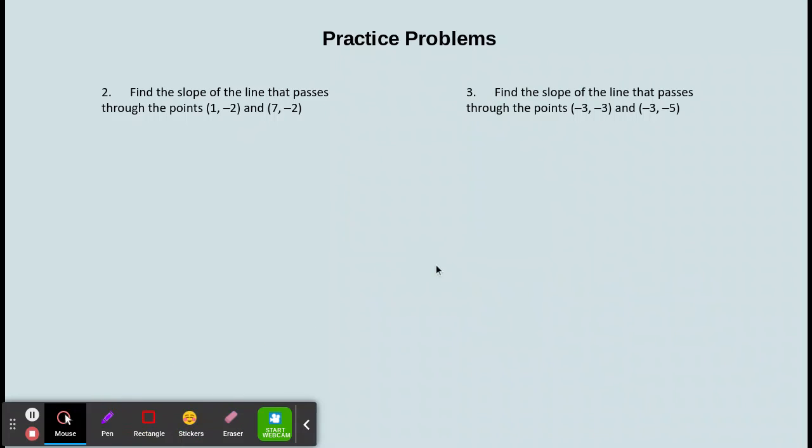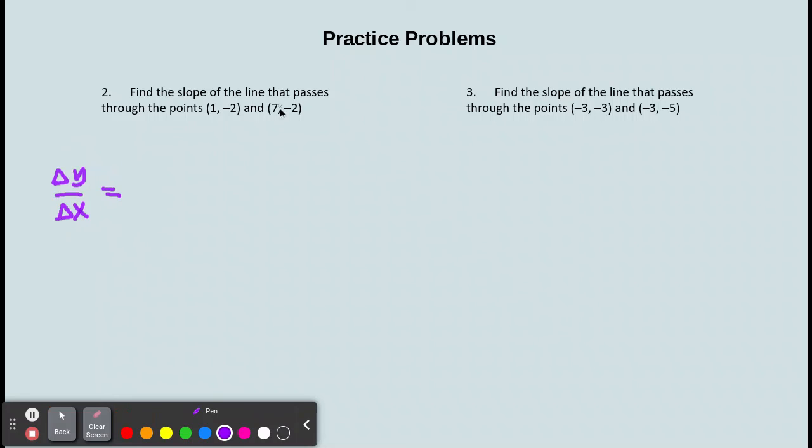Okay, looking at practice problems 2 and 3. These ones, you don't even need to look at the graph. You just need to merely look at the 2 points that are given to you. They're saying that a line passes through these 2 points, and we want to calculate the slope or the steepness of that line. So again, change in y over change in x, or your rise over your run.